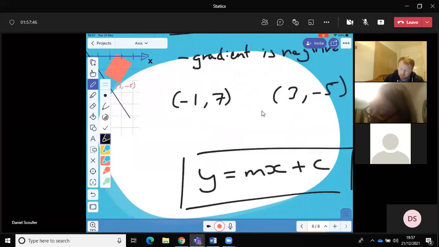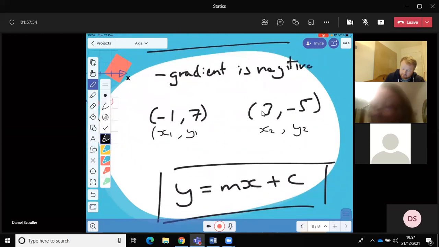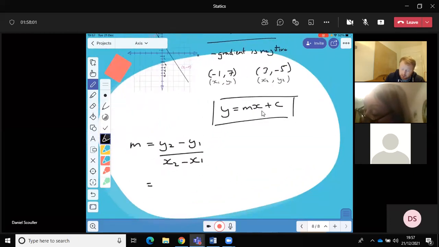So x1, y1, x2, y2. Just substituting that in, just making sure you're being consistent. So y2 is -5, y1 is 7.